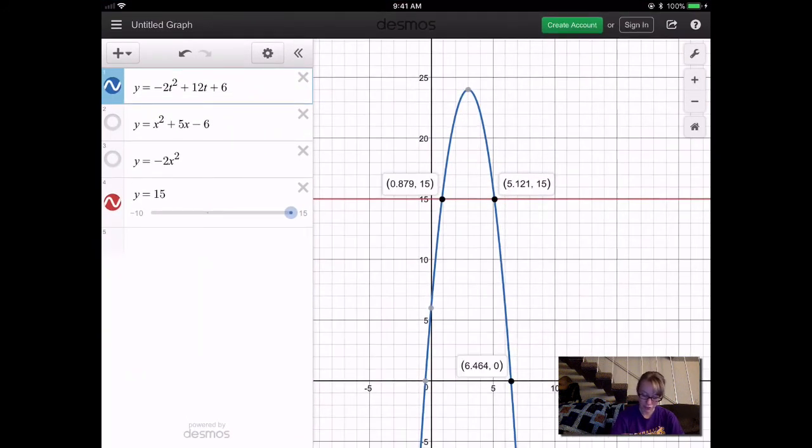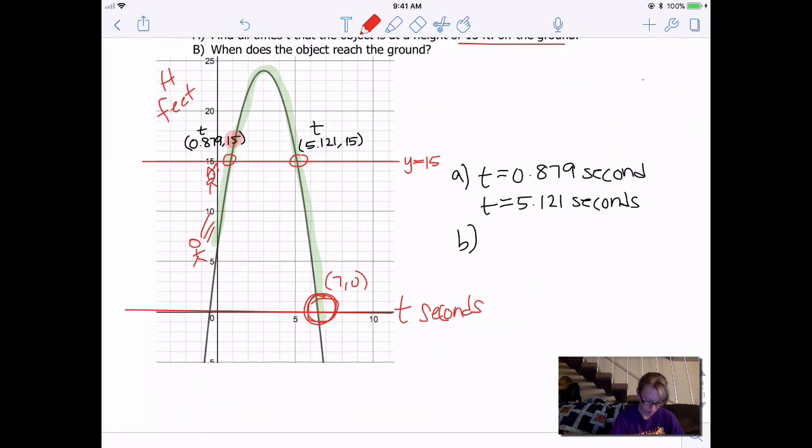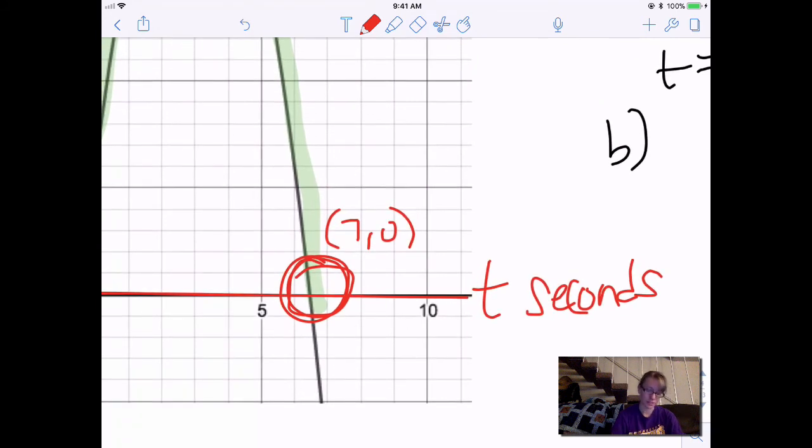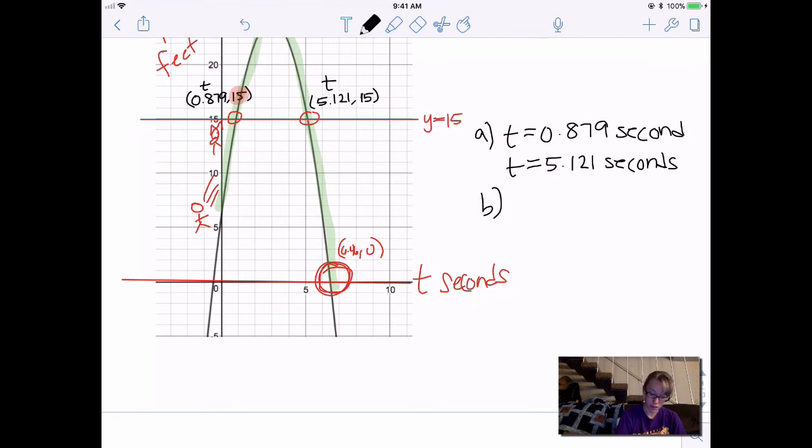It looks like it's actually hitting at the point 6.464. And it was not exactly on the grid mark, so it's a good thing we checked.